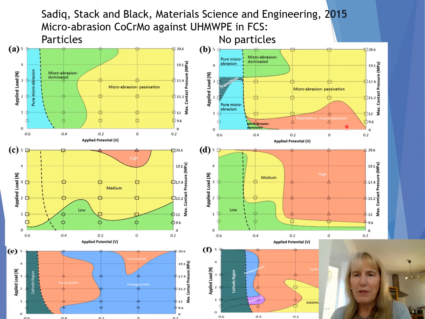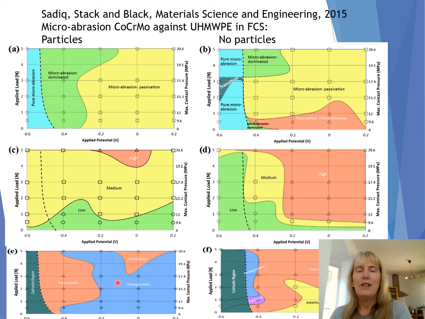So this passivation area is reduced, and we change the wastage regime in terms of the safe and unsafe operating regime. See, the green area is the safe regime here. We can change this if we change the erosive environments and include no particles.